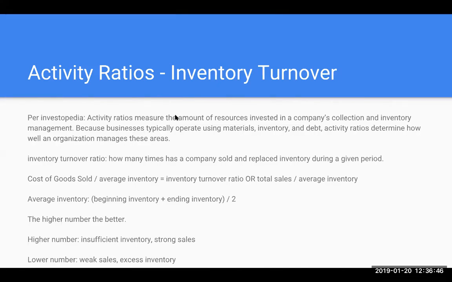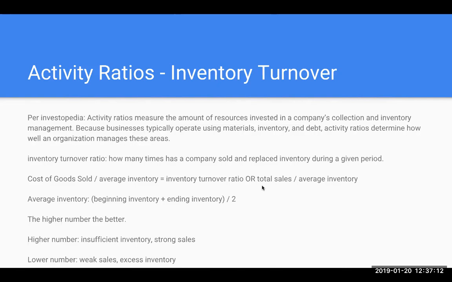Now, what's interesting is inventory turnover ratio can be computed in two different ways, which is cost of goods sold divided by the average inventory, our average inventory being our beginning inventory plus our ending inventory divided by 2, or it can be total sales to average inventory. I found both online, so if I found something online, it must be true.